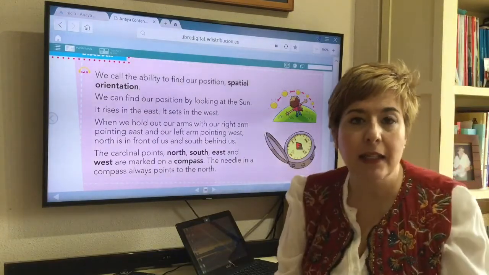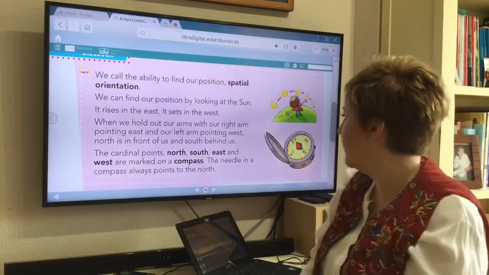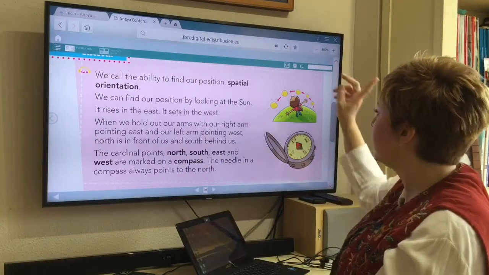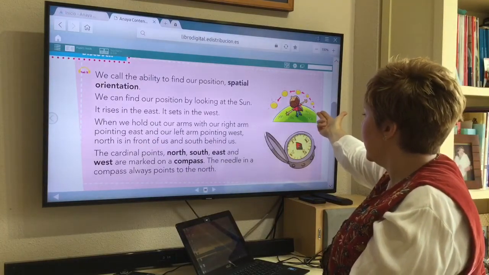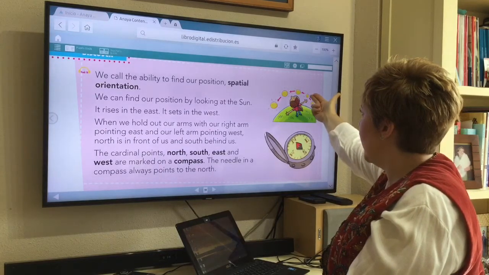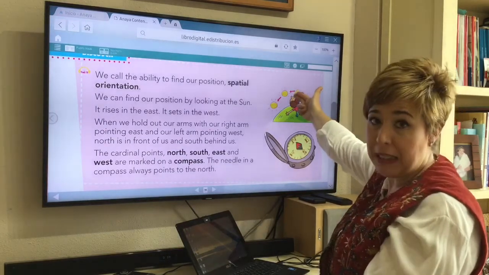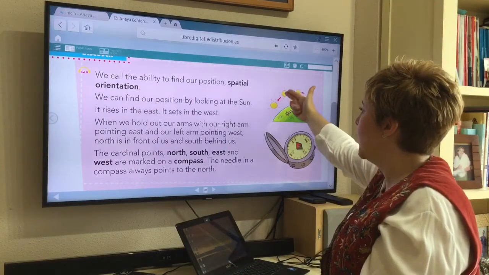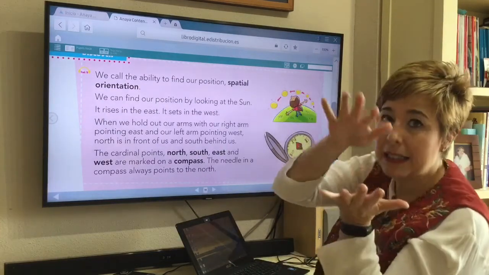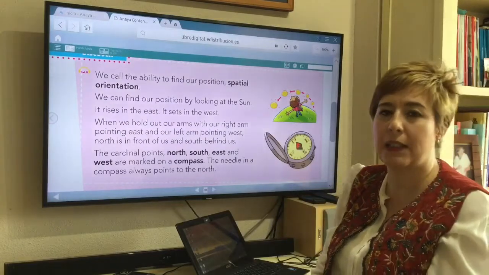The sun can also help us because the sun is going to rise in the east, go up, up, up. This would be midday when we have lunch. And then it goes to the west and it sets in the west.